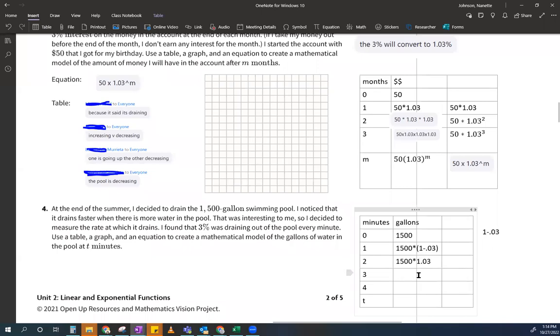What am I going to write for my second minute? Right, 1,500 times 1.03, and then what? What goes here? Oh, it's not 1.03, it's 1 minus, so 0.97, times 0.97.